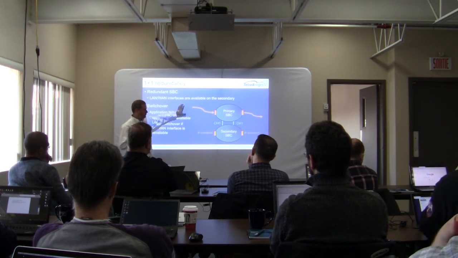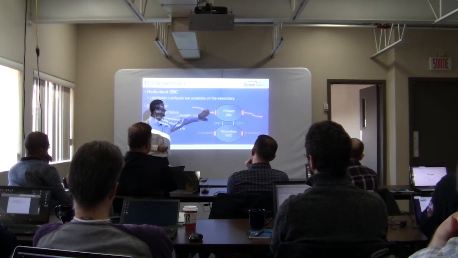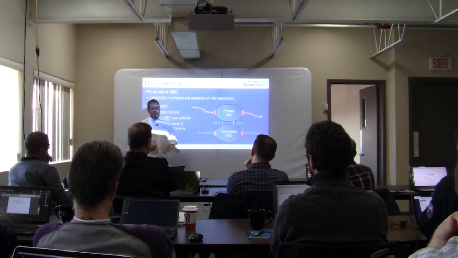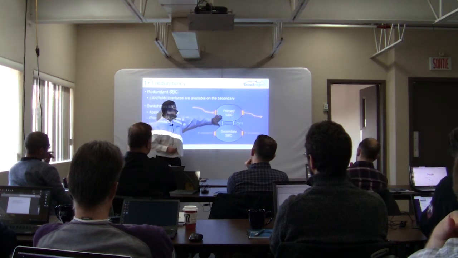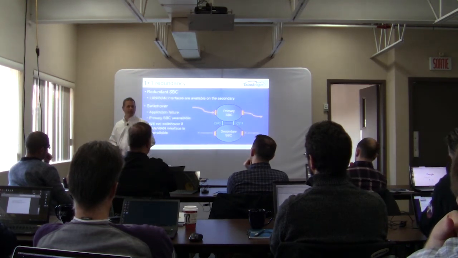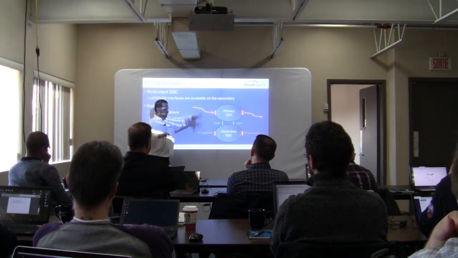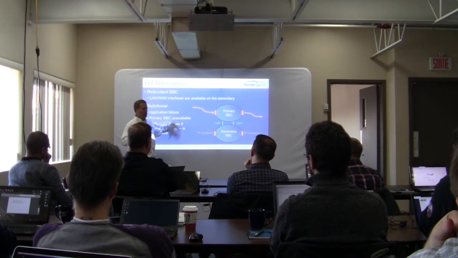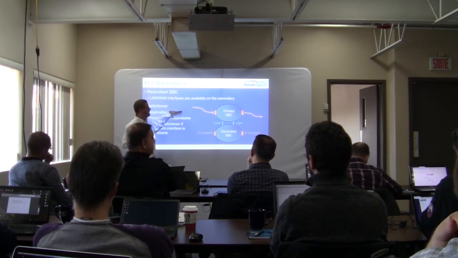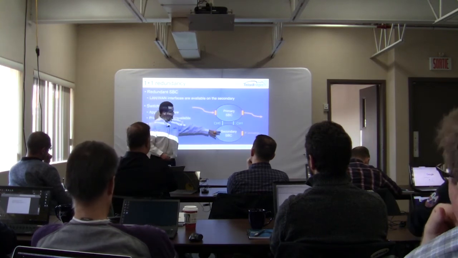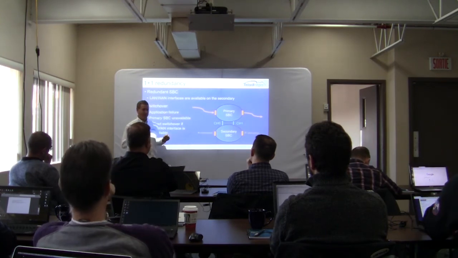Right now, the way we have it, we run a SIP stack here and a SIP stack here. This other SIP stack is unaware of any calls, so when you switch over, it's not going to know any call, and all the calls will be dropped. With the SIP HA we're doing, this SIP stack will be aware of the calls.